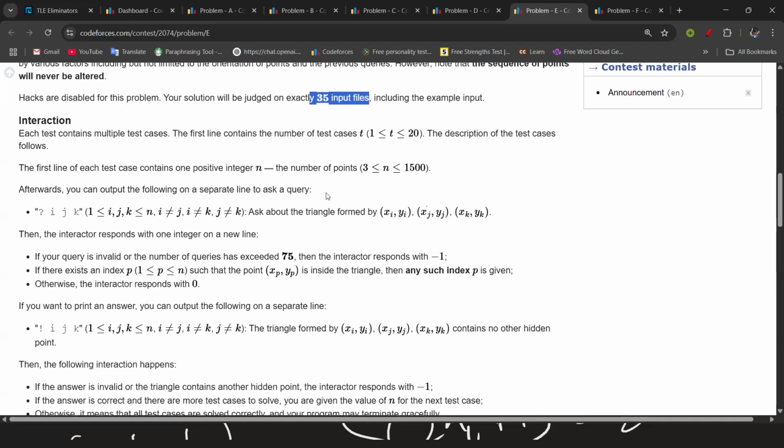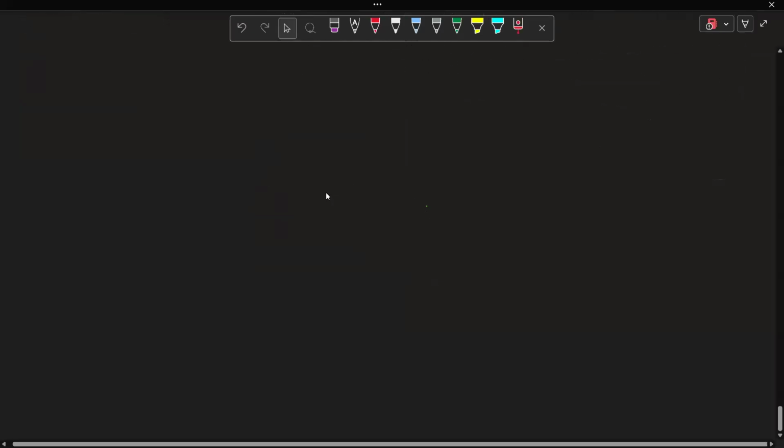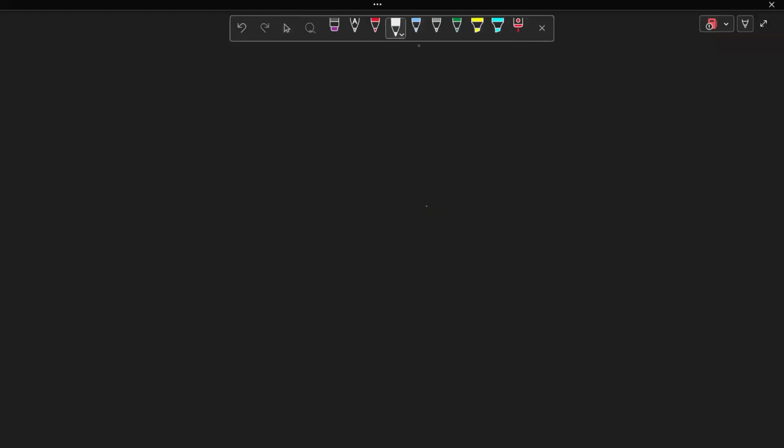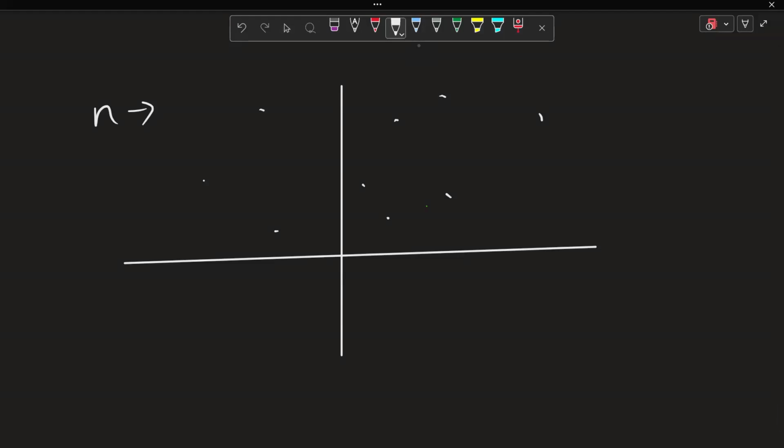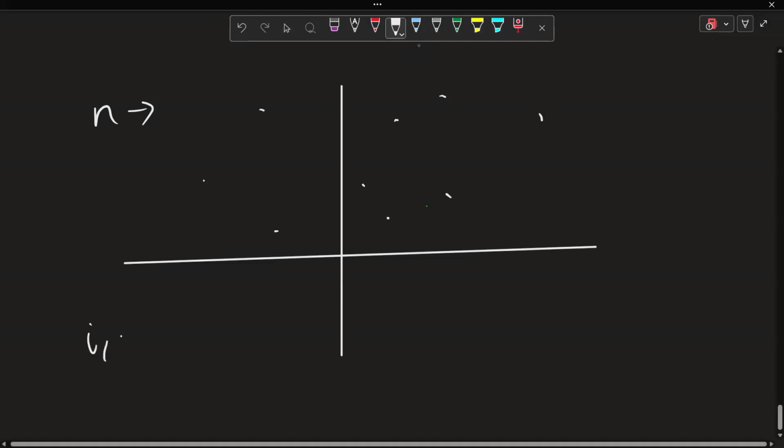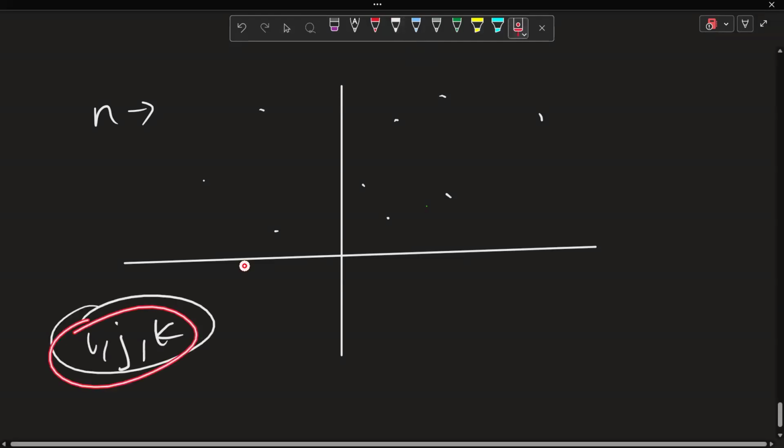Okay, let me explain the problem first. This is an interactive problem, obviously. You are given n points in this integer coordinate system. In every query, you can give 3 integers, where every index represents a point.